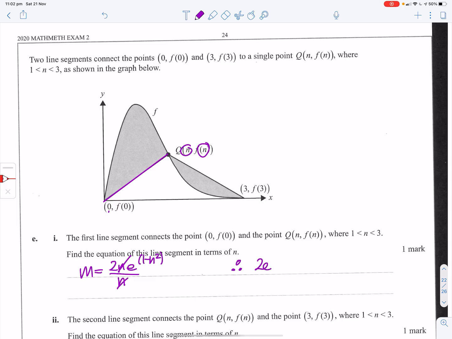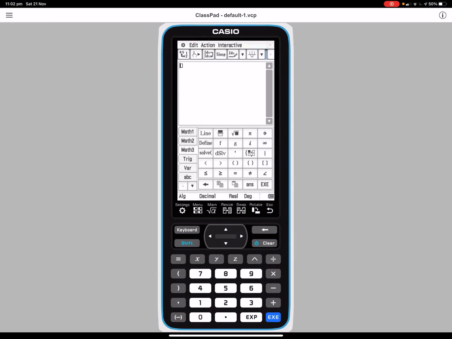So we get y is equal to 2e to the 1 minus n squared x. We could test it on our calculator.